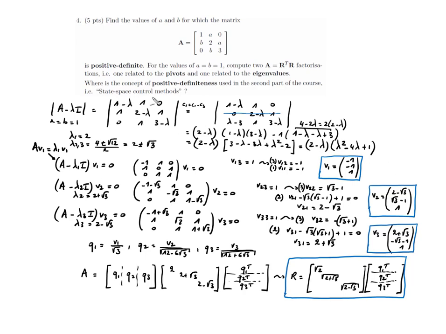So if you take this matrix over here and you plug lambda 1 equal to 2, this is the system of equations that you obtain. If you take lambda 2 equal to 2 plus square root of 3, this is the system of equations that you obtain. And if you take lambda 3 equal to 2 minus the square root of 3, this is the system of equations that you obtain, right?